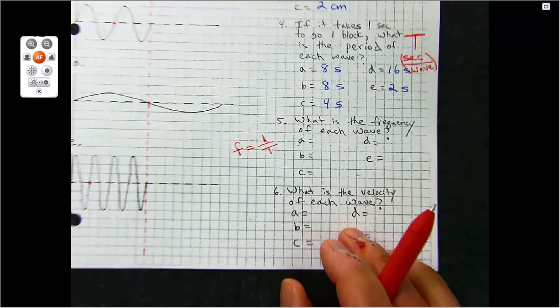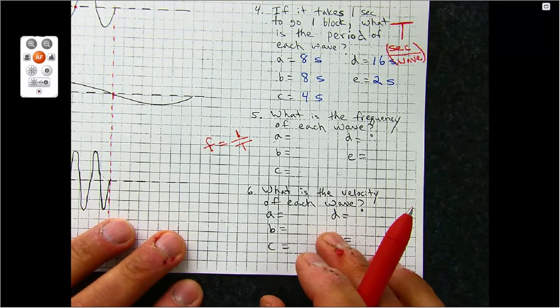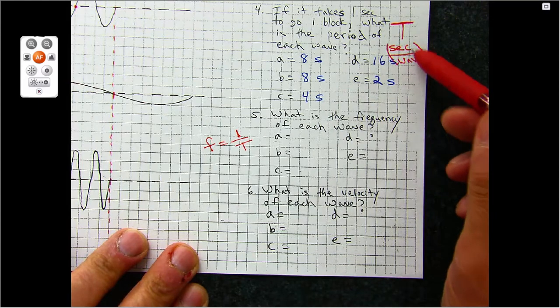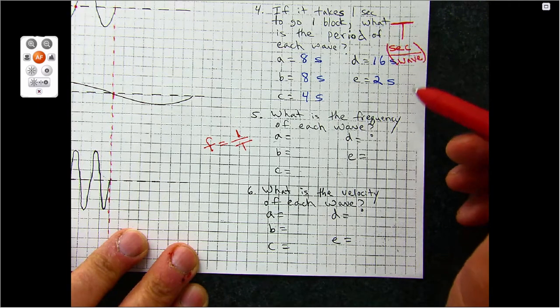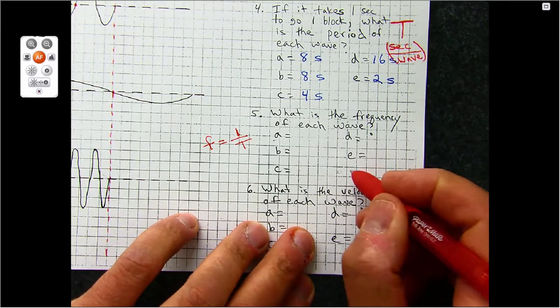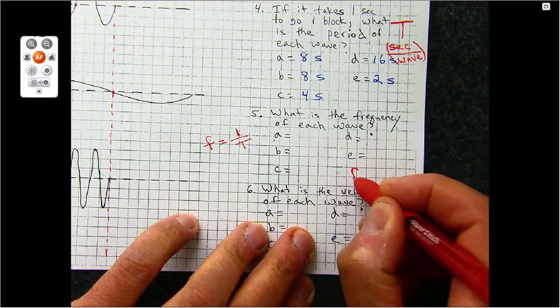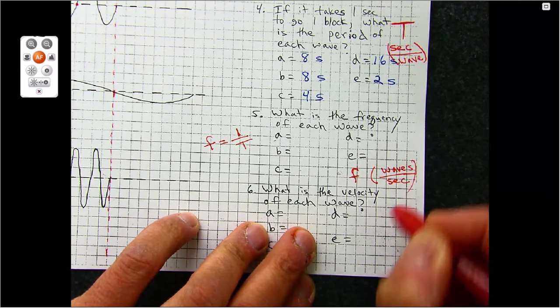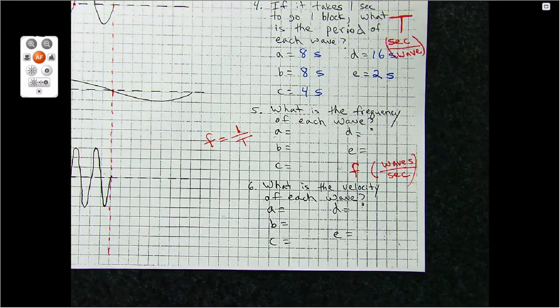And if you do 1 over the period, these units are going to just flip. So for frequency per second, how many waves are in a second of time?